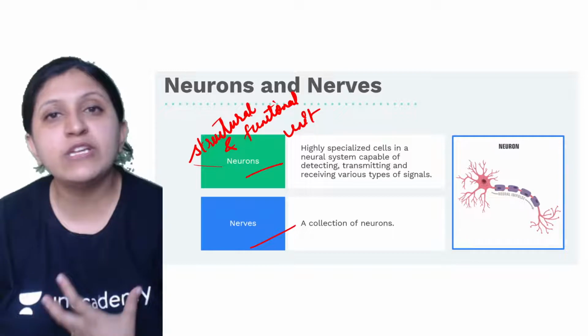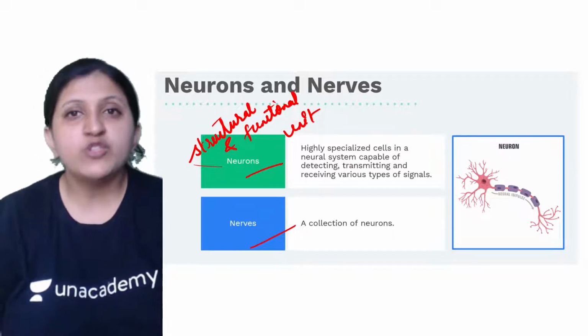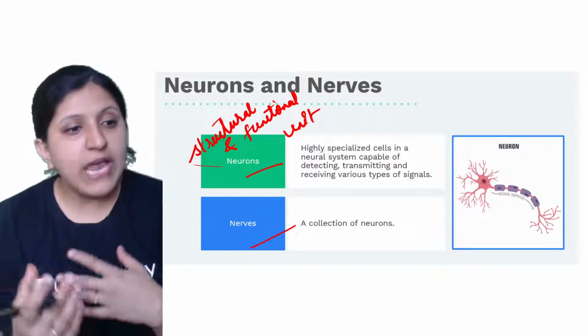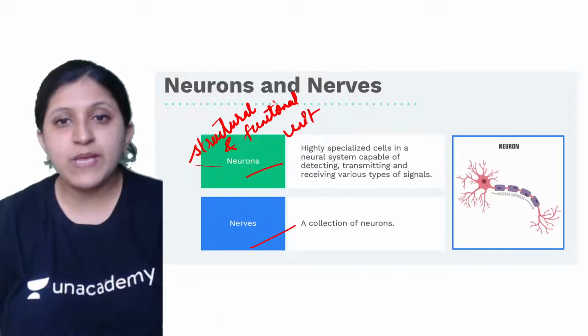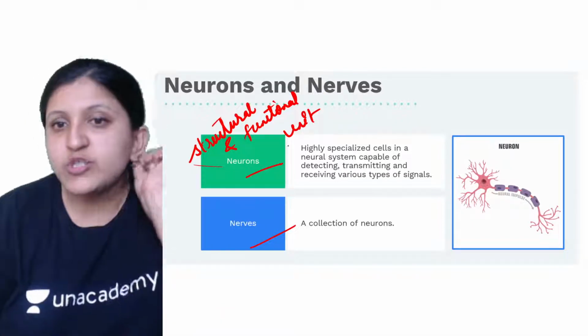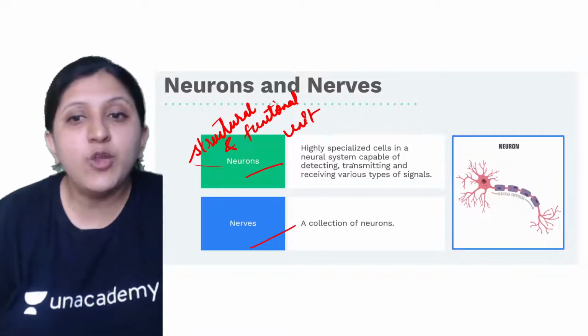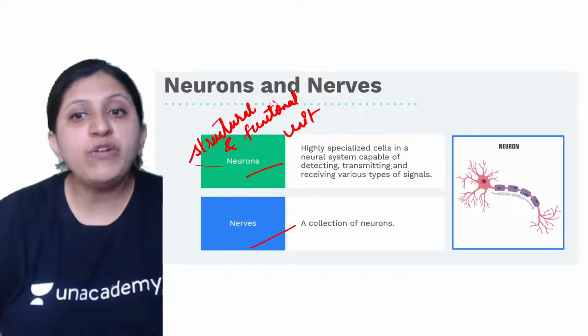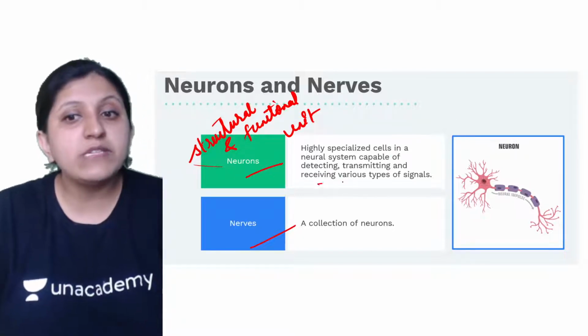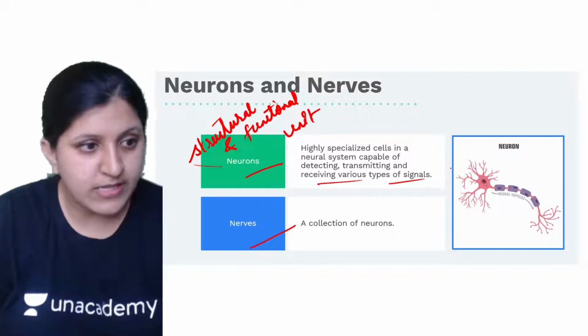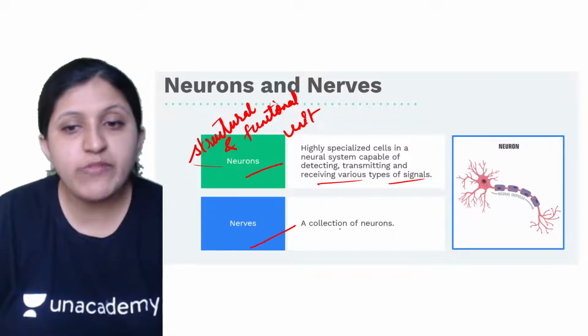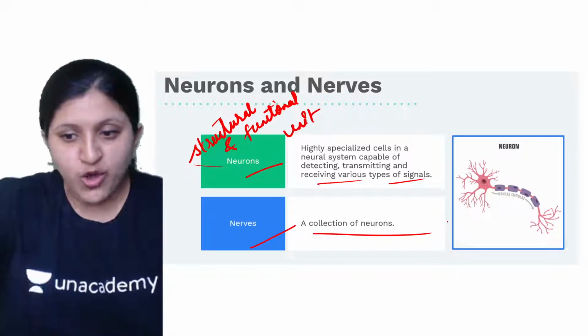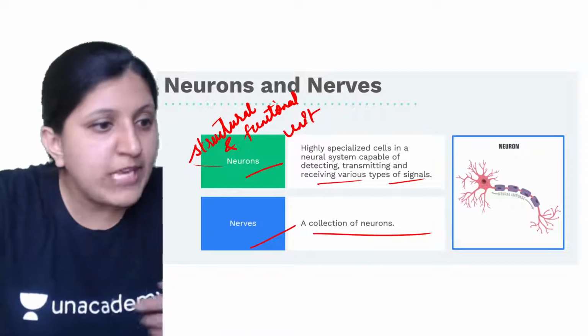Carrying the information or the impulse is mainly the functional role. So neurons are highly specialized cells in the neural system, capable of detecting, transmitting and receiving various types of signals. And nerves are a collection of neurons, so many neurons are present in there.